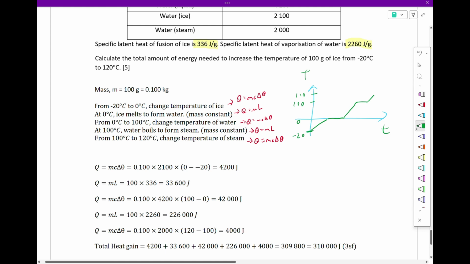Substance B, does it change state? Does it change temperature? Do you have more than one change of state and change of temperature? If so, do you need to add them up? Go and double check. Different substances will be on different sides. One will be heat gain, one will be heat loss. You can have multiple heat gains, you can have multiple heat losses. You just need to double check which one is which.